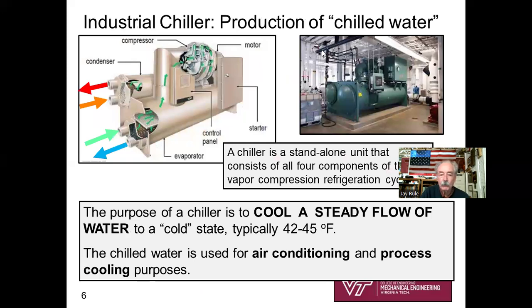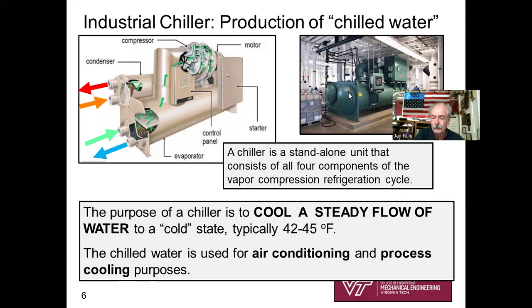One you might not be quite so familiar with is called an industrial chiller. And the purpose of an industrial chiller, and here's a photograph of a chiller that's got the refrigeration cycle components contained in it. We take in a supply of water, basically warm water coming in.